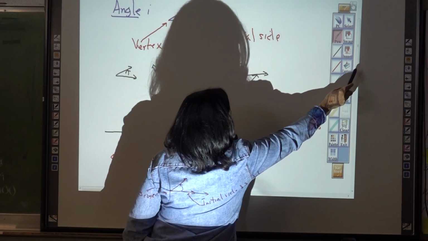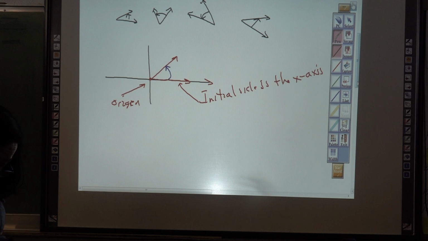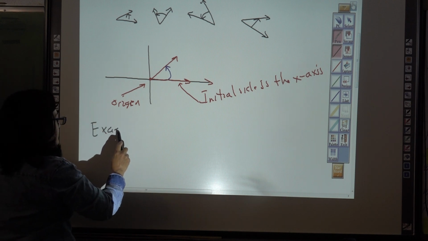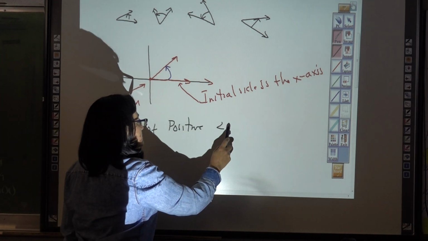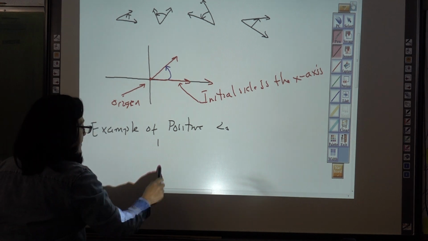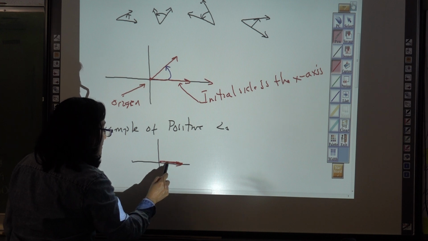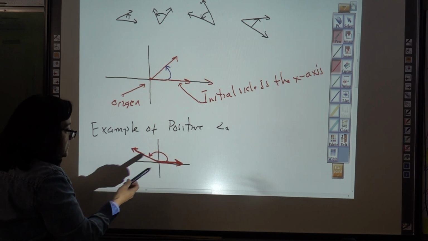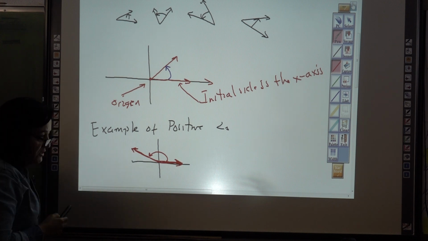Okay? So say, for example, we have positive angles. Let's say this one is a positive angle, it starts right here. This one starts right there, and then here, this is a positive angle, right? The initial side, terminal side. This one ends in the second quadrant. It's a positive angle.